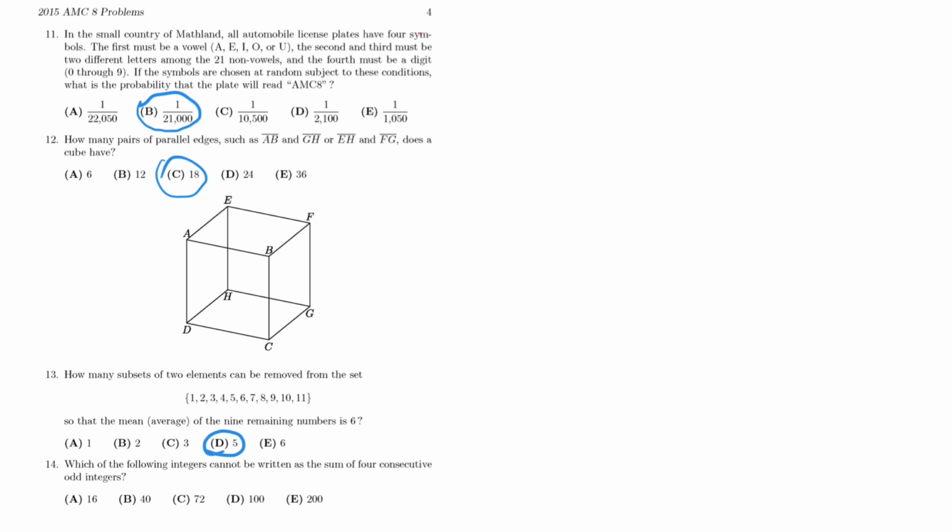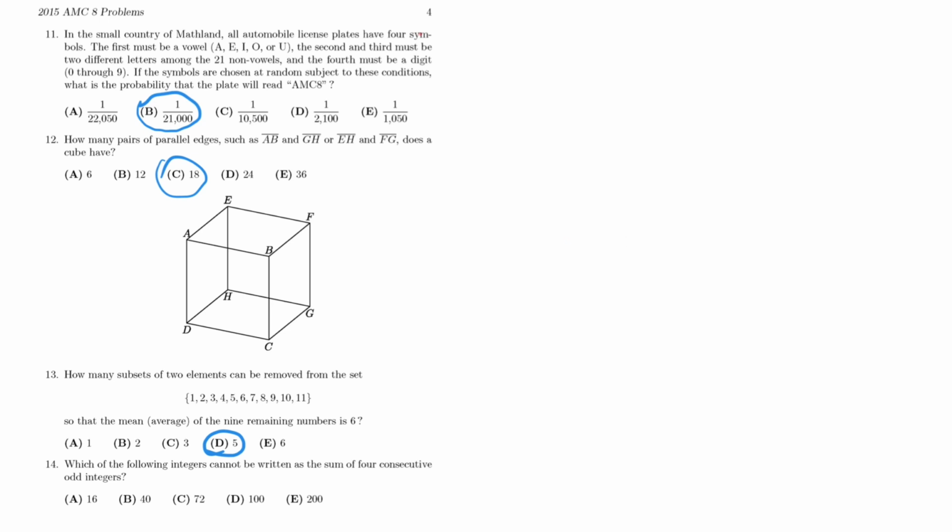Number 14. Which of the following integers cannot be written as the sum of 4 consecutive odd integers? We know the general term of an odd integer is 2n minus 1.